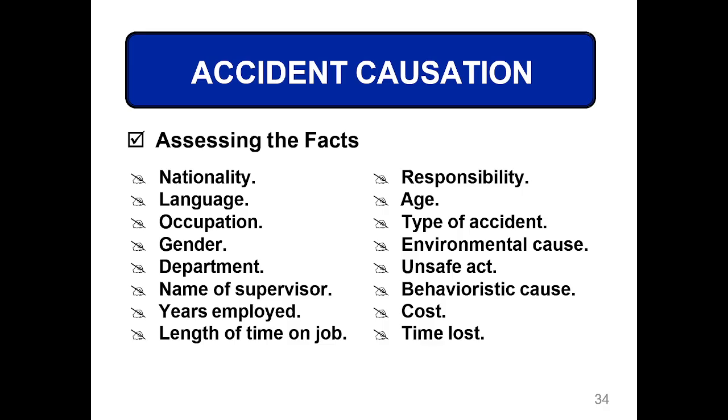You're going to look at nationality, language, occupation, gender, department, name of supervisor. Yes, this could be the information that's included in the accident investigation form. Length of time on the job, responsibility, age, type of accident, environmental cause, unsafe act behavior, risk cause, and time lost. So this is what you're going to look at and actually include in the accident investigation report.